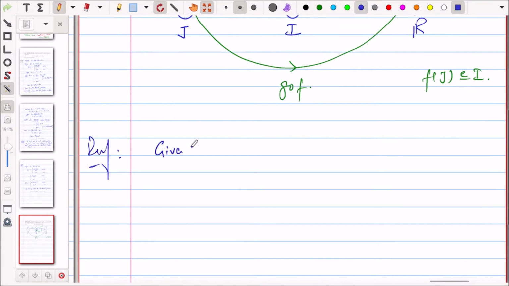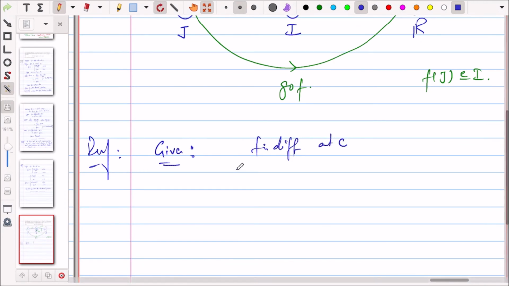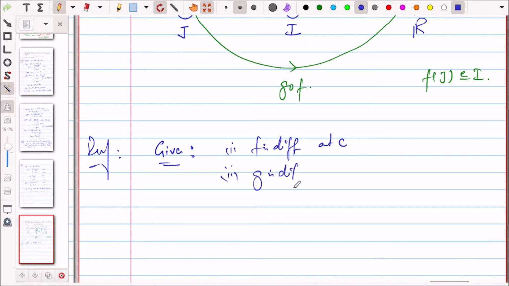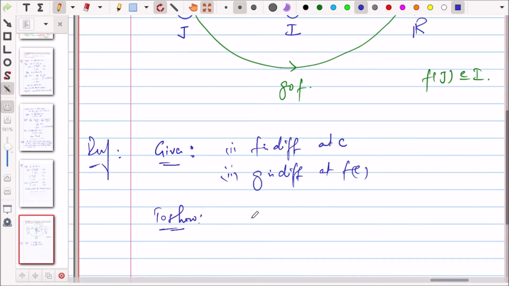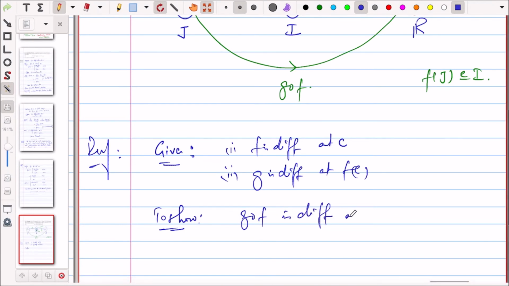So given f is differentiable at c, g is differentiable at f(c), to show g of f is differentiable at c.